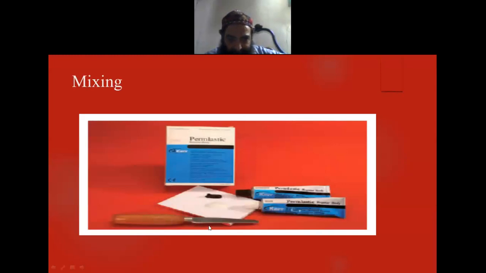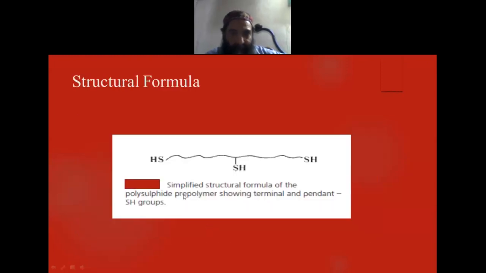This is a spatula, this is a mixing pad, and these are two tubes, catalyst and base. They are extruded onto the paper pad and mixed with this spatula.